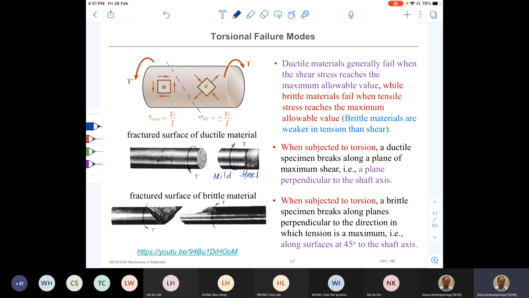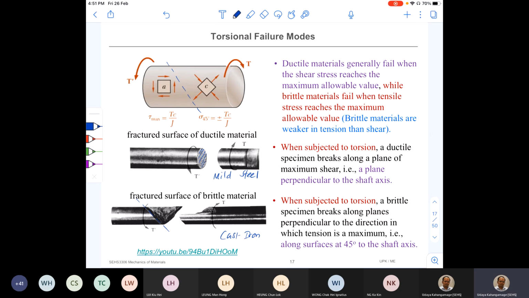We know that maximum shear stress happens at a cross section perpendicular to the major axis. Therefore, mild steel is going to break across the major axis like this if you apply a torque like this. But if you apply a similar torque to a material like cast iron, you will see a failure like this. It is going to fail at an angle like this.